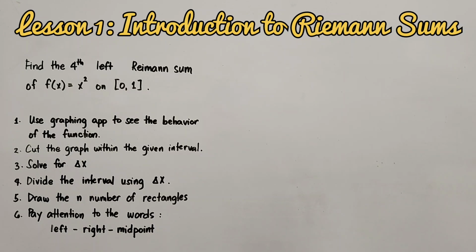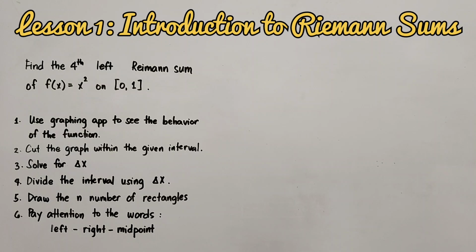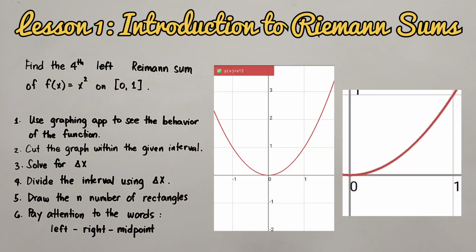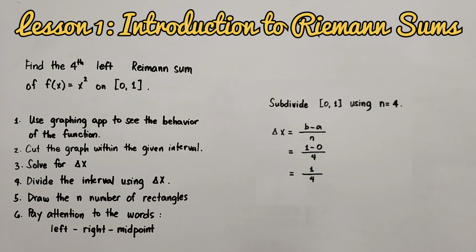First, use a graphing application to see the behavior of the function. This is the graph of our f of x equals x squared. Second, cut the graph within the given interval. Since the given interval is 0, 1, from that graph, we will just copy the graph within that interval from 0 to 1. Next, solve for the step size. In this given, the step size is 1/4.